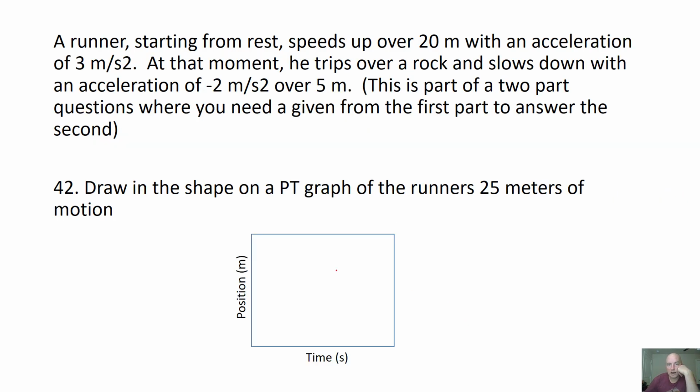So now when you're trying to graph a position-time graph of this, what initially happened was this person was accelerating. So he was going forward, going upwards faster and faster and faster. But as soon as he hit that rock, he's still going forward, but he's going forward at less and less of a rate. So this ends up being an S-like shape. This is the place where he tripped.